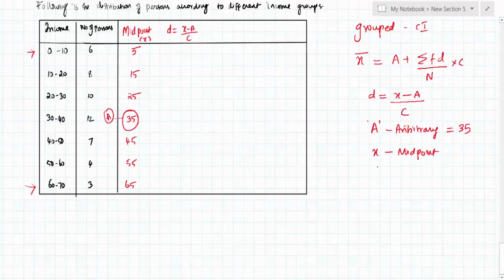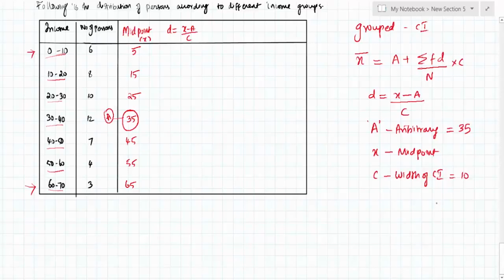X is a midpoint, as we have defined. C is nothing but width of the class interval. So what is the width of the class interval? In every case you have the width as 10, right? The gap is basically 10. So width of the class interval is equal to 10.